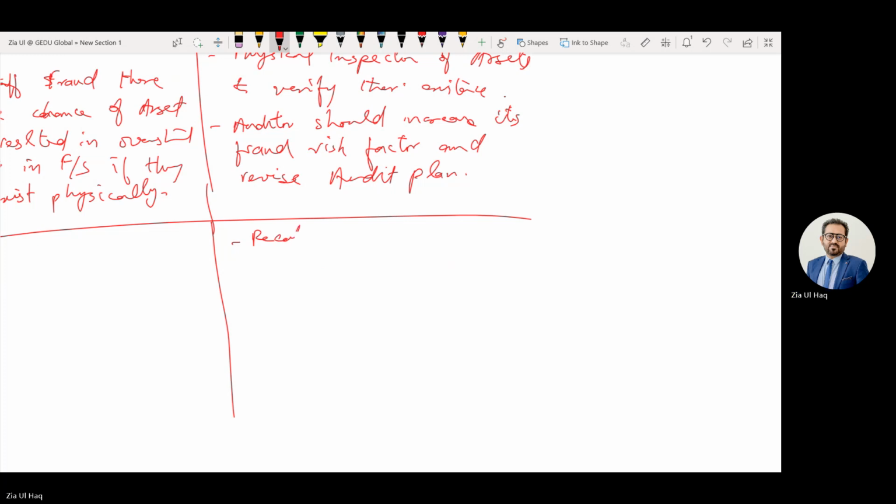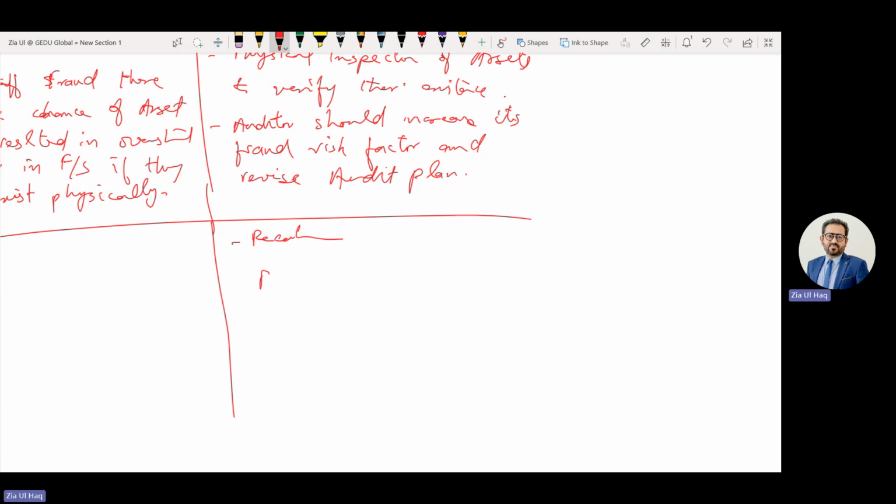Recalculation of interest expense using the rate and loan amount, multiply by the time period of 6 months, and compare with management calculation for accuracy. What else?